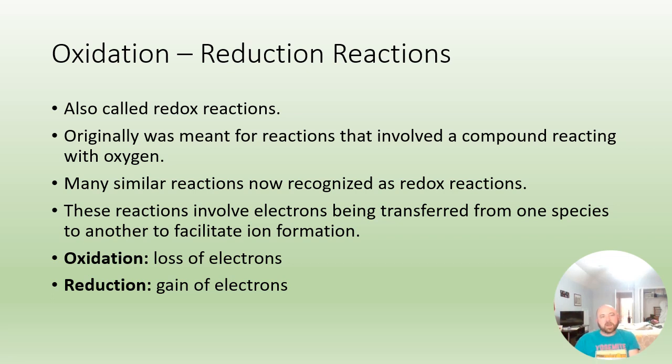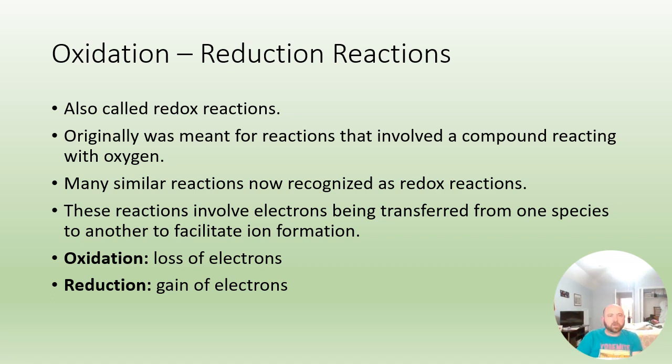There are a lot now that are lumped in with that. They don't necessarily have to involve oxygen anymore. A lot of them still do, but they've grouped other similar reactions in with these also. And the main identifiers for these types of reactions involve electrons being transferred from one species to another in order to facilitate ion formation.